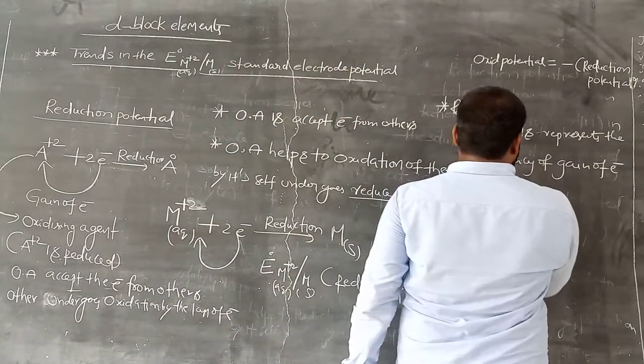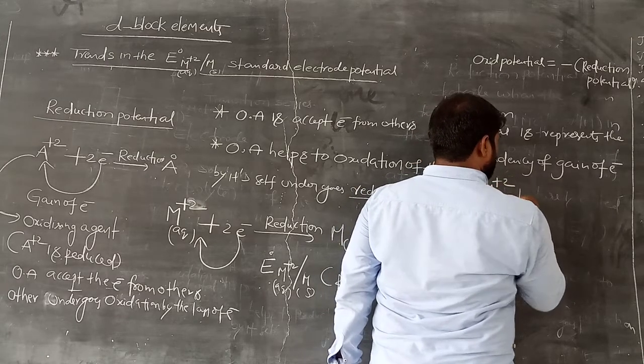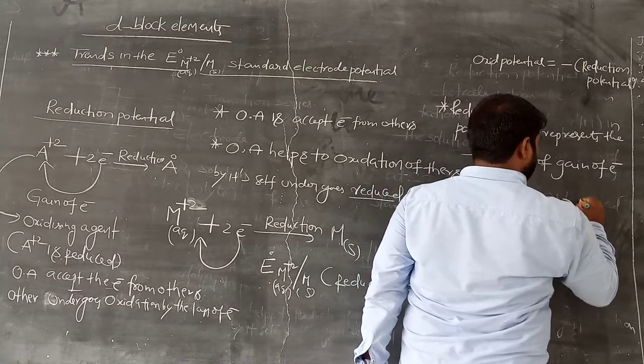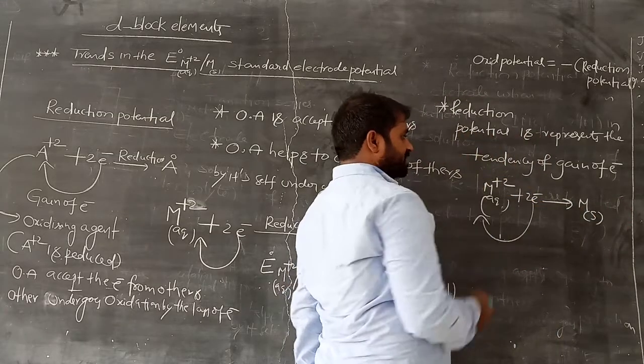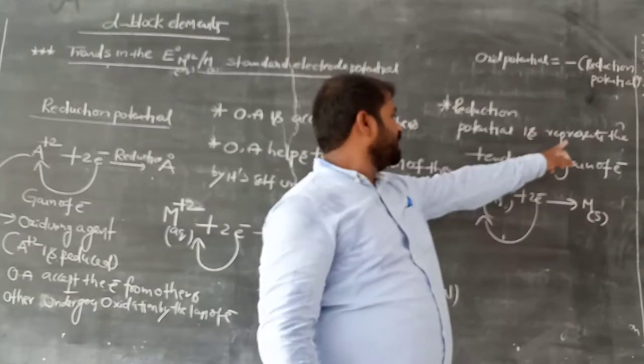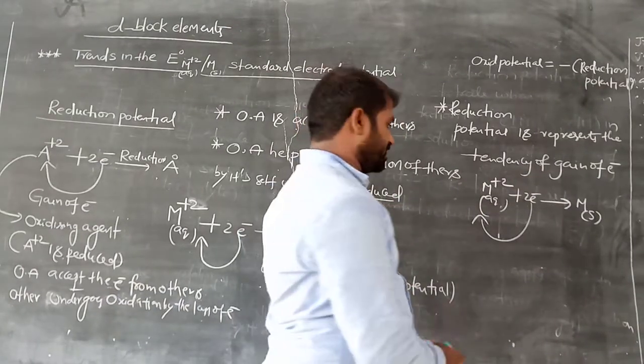For example, M plus 2 aqueous gains 2 electrons, it becomes M. Gaining of electrons, so reduction potential is developed. Reduction potential represents the tendency of gain of electrons. Remember this.